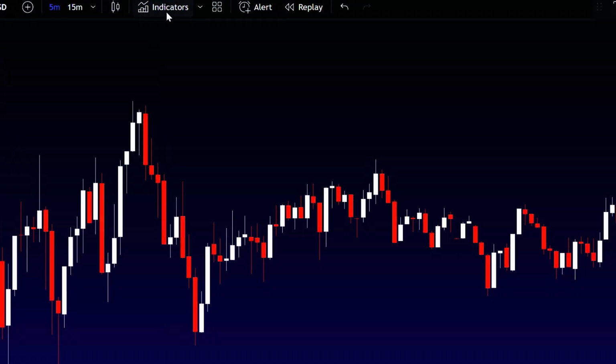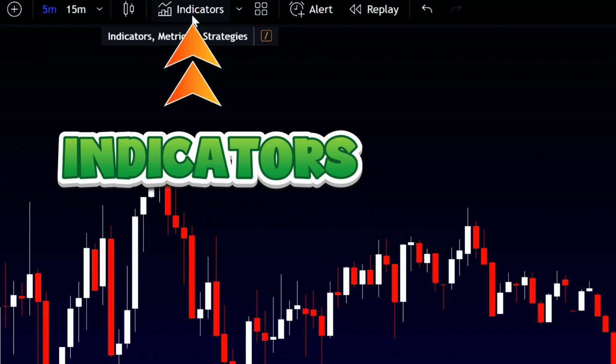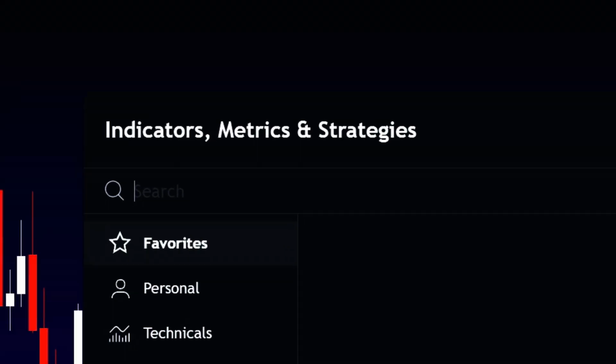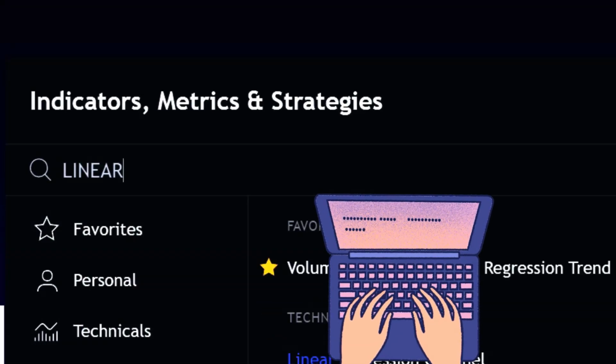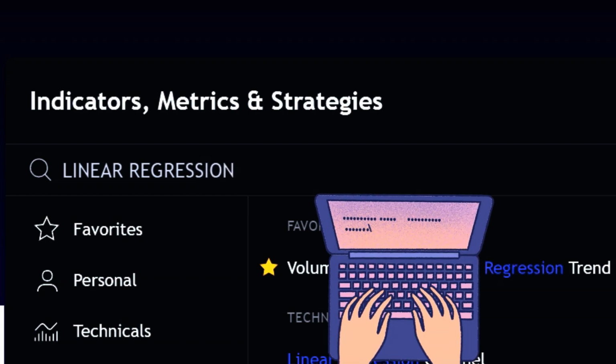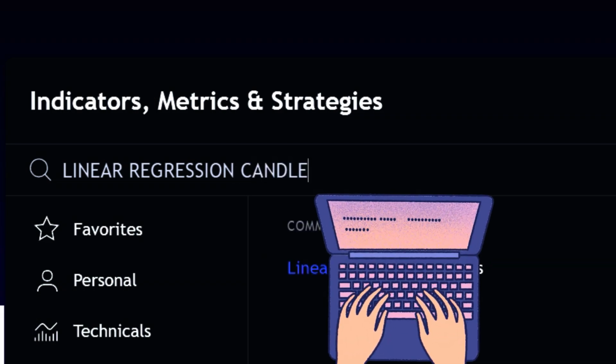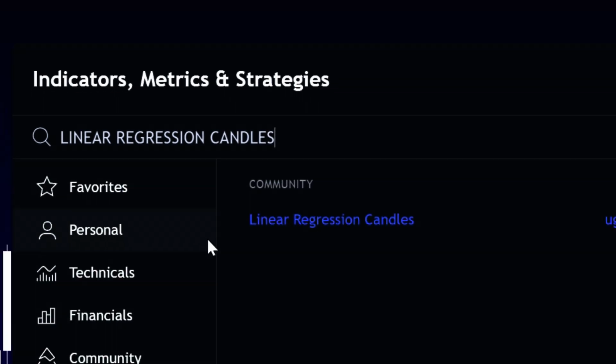Then simply click Indicators and search for linear regression candles. And add it to your chart.